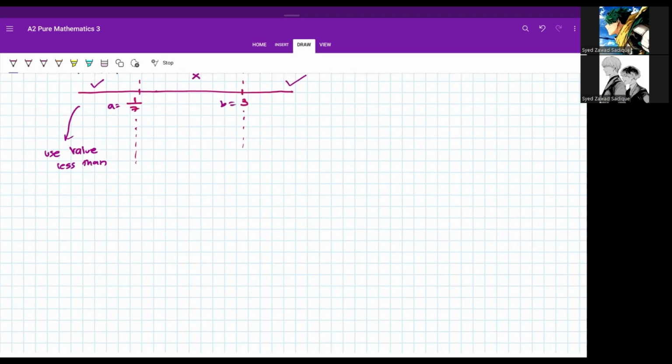Use a value less than a, use a value between a and b, and use a value greater than b. So this is the critical value method.